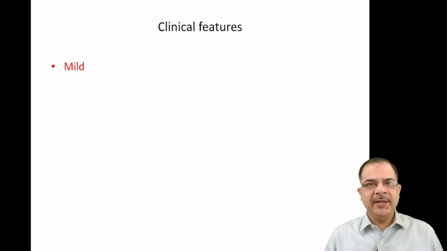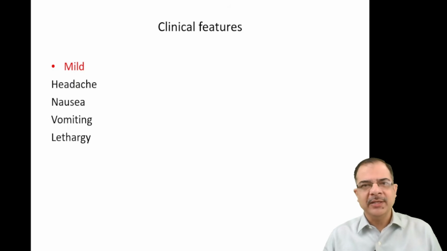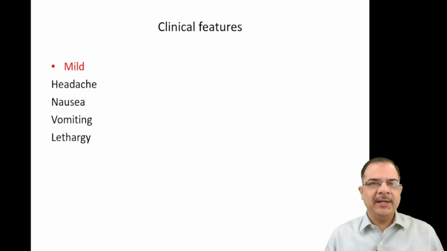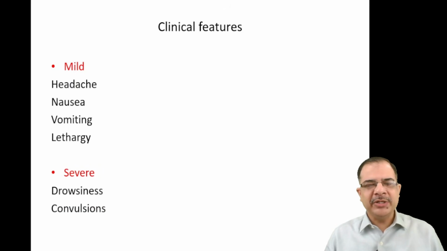Depending on the severity, if it is mild hyponatremia, the patient will have headache, nausea, vomiting, or a feeling of lethargy. With these features we can tell the patient has mild hyponatremia. If a patient has severe hyponatremia, the patient will be drowsy, having seizures or convulsions, or will be in coma. These are the features of severe hyponatremia.